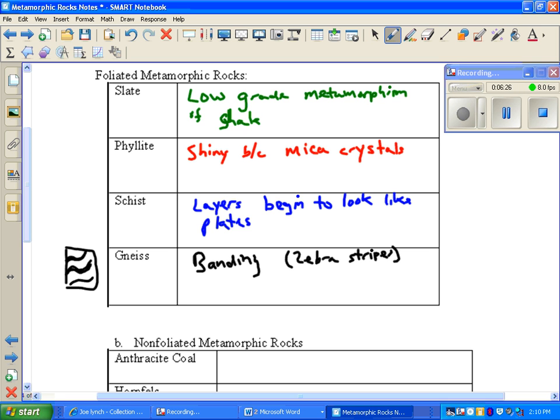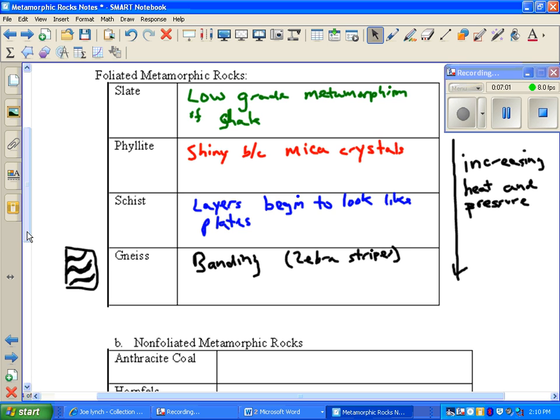And that's a pretty easy one to identify when you see that. And we'll make a note over here that there is increasing heat and pressure. So there's more metamorphism as we go down on that chart.